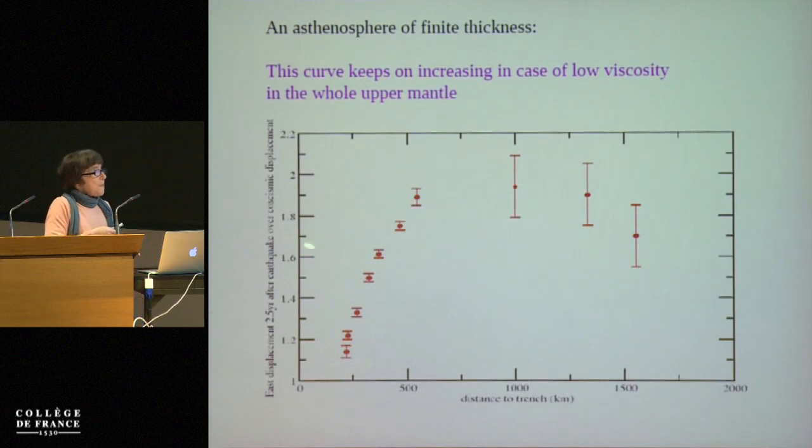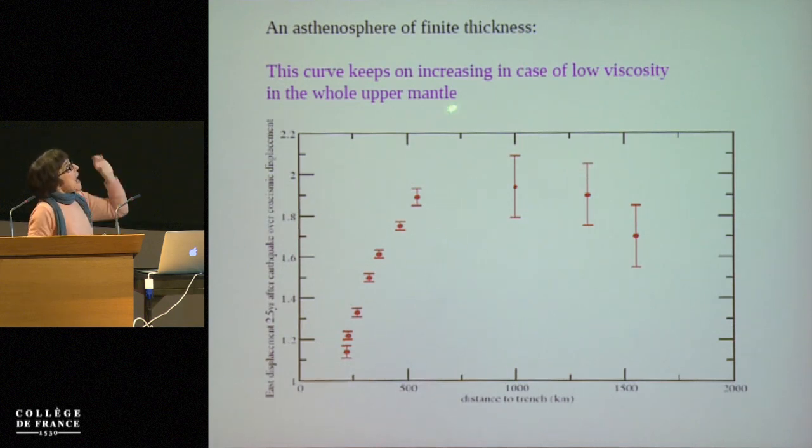And now, I showed you this curve at the beginning of my talk. This curve shows the dependence of the amplitude of the post-seismic deformation, non-dimensioned by the co-seismic, as a function of distance to the trench.